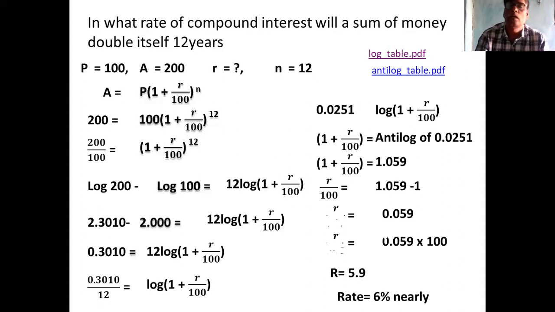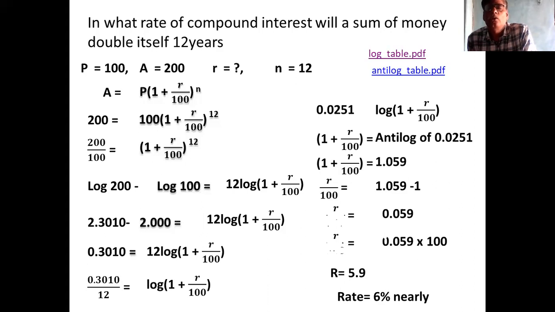These are the 3 examples I solved for you regarding rate of interest based on compound interest. Okay. You make these types of problems perfect first. First, you calculate the amount and compound interest.